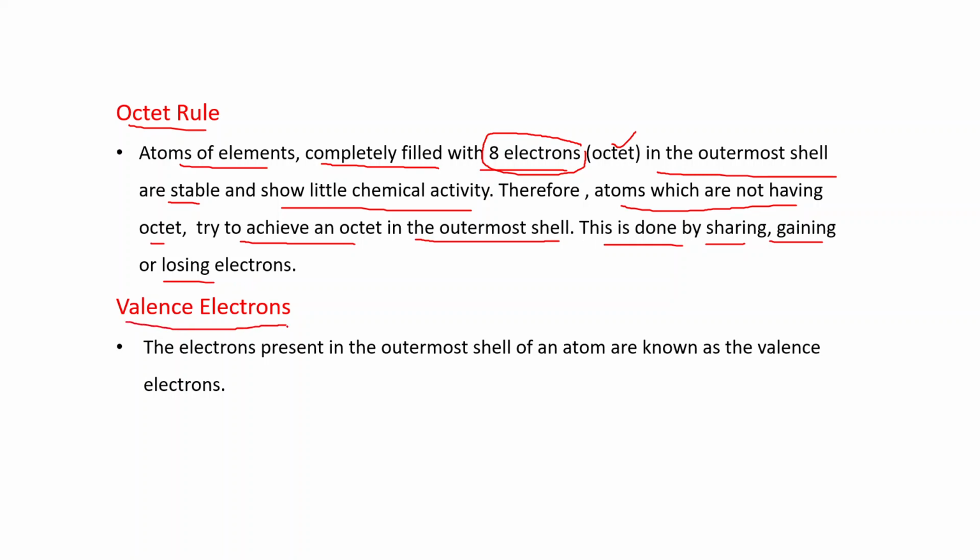Valence electrons. In the previous video, we discussed the distribution of electrons in various shells, that is, electronic configuration. The last or outermost shell is known as the valence shell, and the electrons present in the outermost shell of an atom are known as the valence electrons.